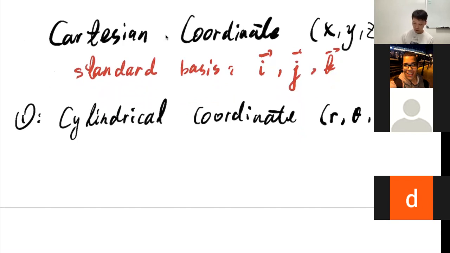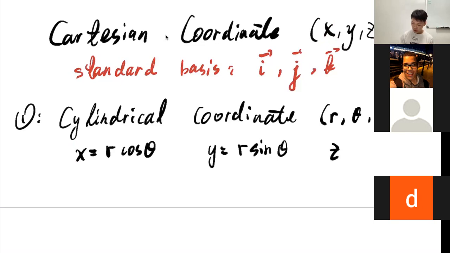So in the cylindrical coordinate system, the x in Cartesian is represented by r cosine theta, y is r sine theta, and your z is the same as the z in the Cartesian coordinate system.